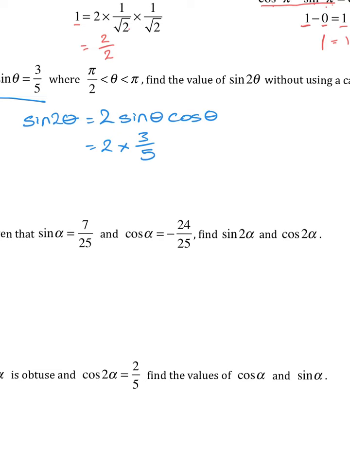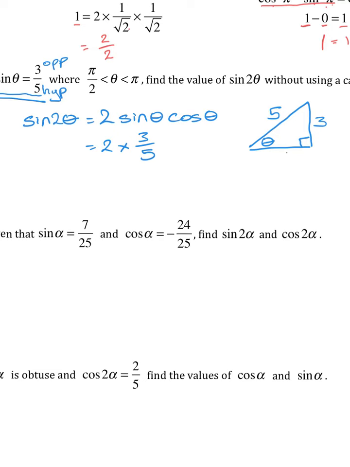So what's cos theta? Well, to work out the numerical value, we can use a right angle triangle. If this is theta, and you can make either angle theta, then according to sine theta equals 3 on 5, the opposite side would be 3, and the hypotenuse would be 5. That's because, remember, sine is opposite over hypotenuse. So what's this missing side?